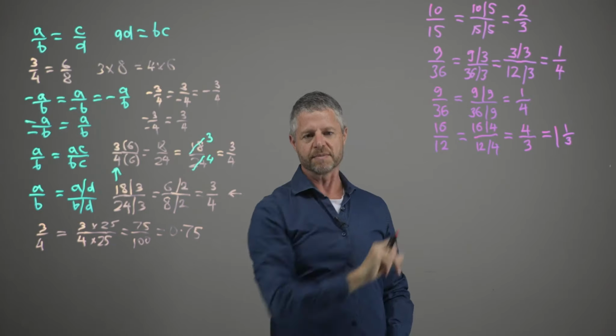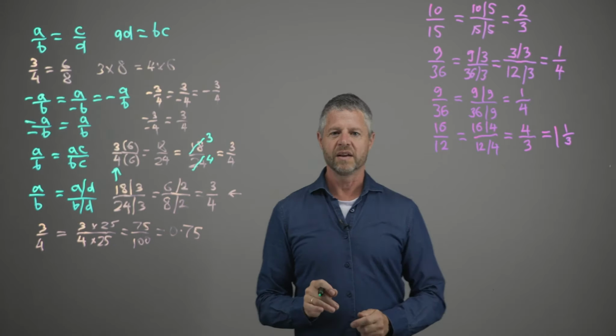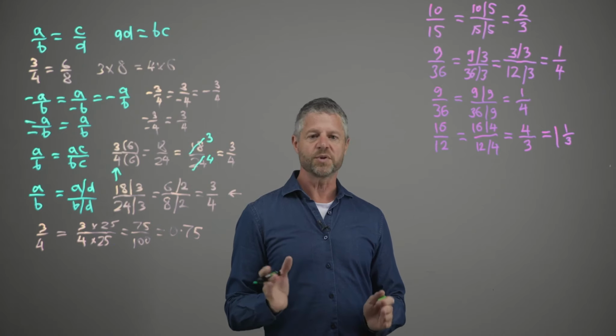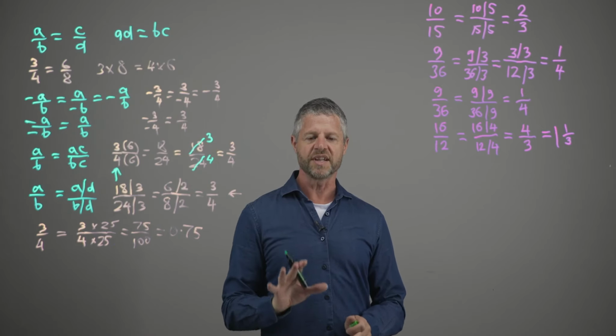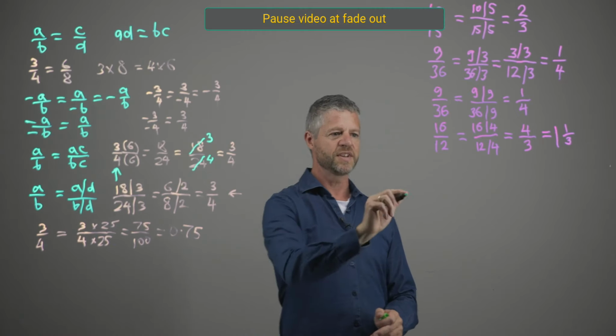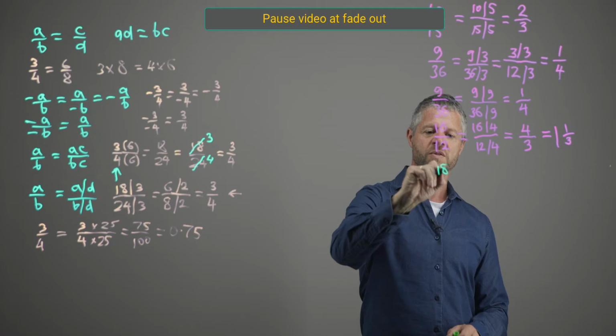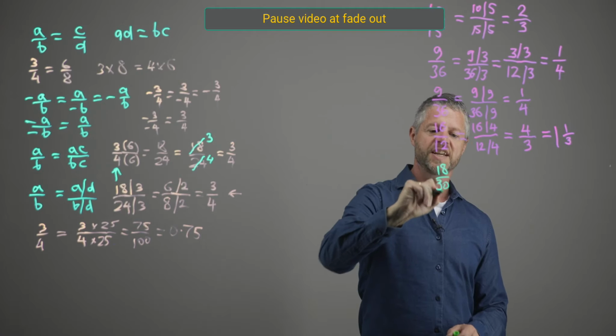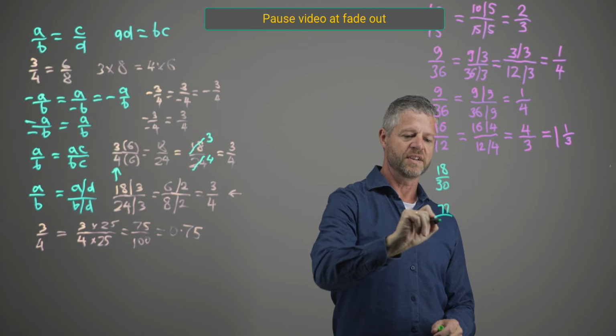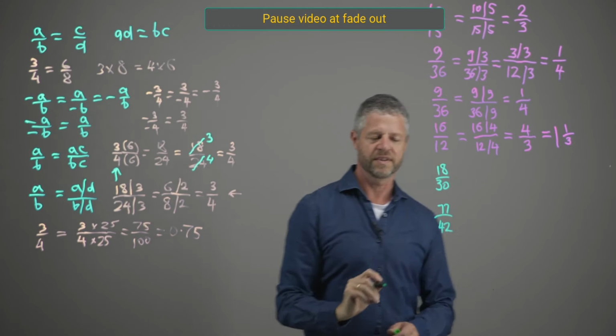It just might take a little bit longer. So I'll finish up with 2 more examples, and I'd like you to pause the video at this point and see if you can reduce these next 2 fractions to lowest terms. So the first one will be 18 over 30, and then the second one, 77 over 42.